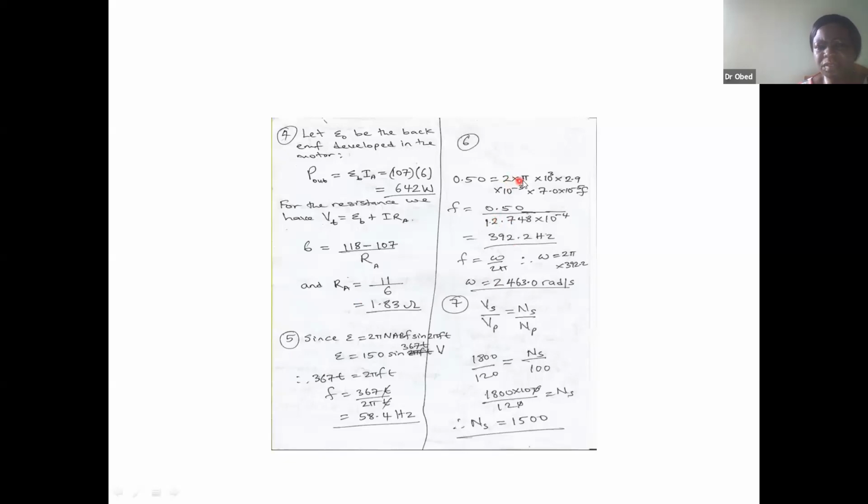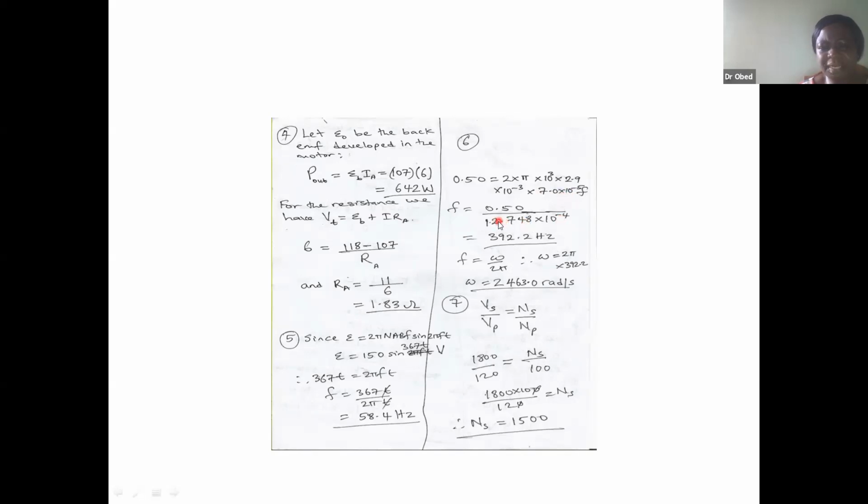So 2 pi and 10 raised to the power 3 times 2.9, you evaluate this in meters. If you convert 29 to meters, it gives you this. It's either 29 times 10 raised to the power minus 4 or 2.9 times 10 raised to the power minus 3, times B, 7.0 times 10 raised to the power minus 5.